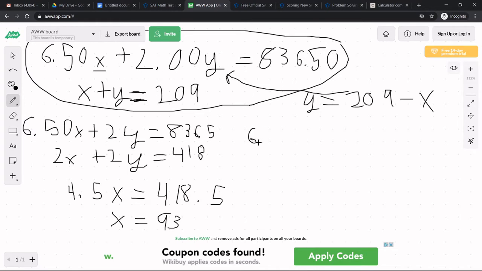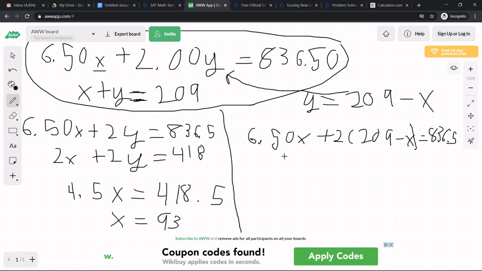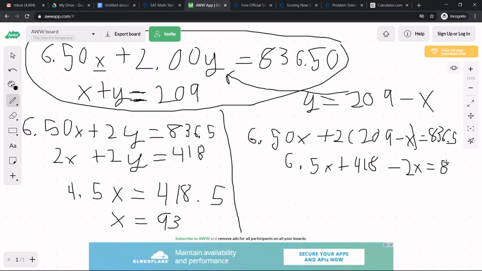So we do 6.50x plus 209 minus x equals 836.5, and we get 6.5x plus 418 minus 2x equals 836.5.